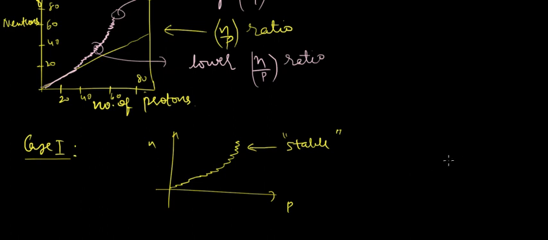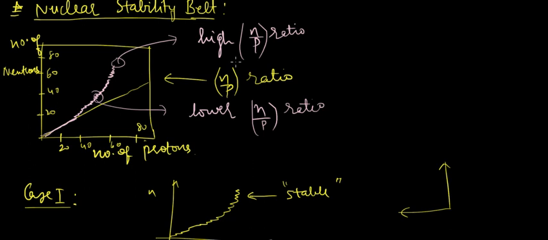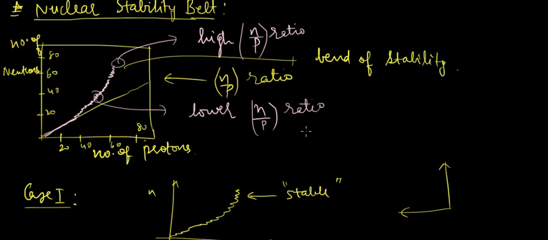Before that, this is the band of stability, and we will find many atoms having an n by p ratio near this band of stability.